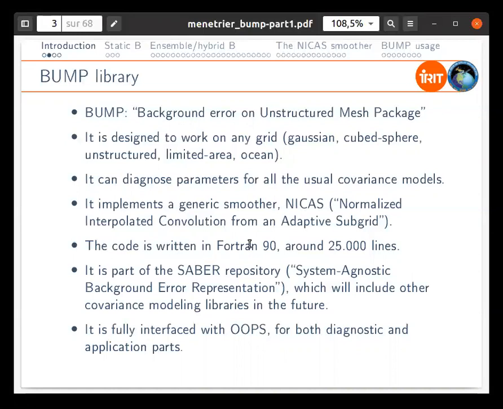And we hope to add more covariance models into Sabre very soon, for instance, spectral or recursive filters. BUMP is fully interfaced with OOPS, and so you can basically use BUMP by specifying some specific parameters in the YAML configuration files. I think you will see that in the practical.